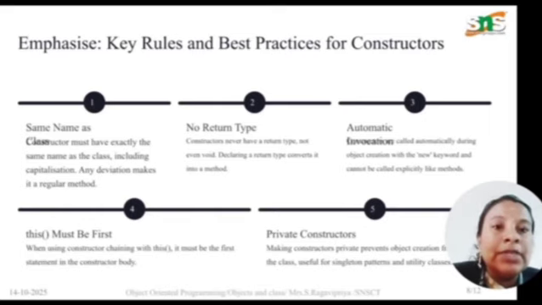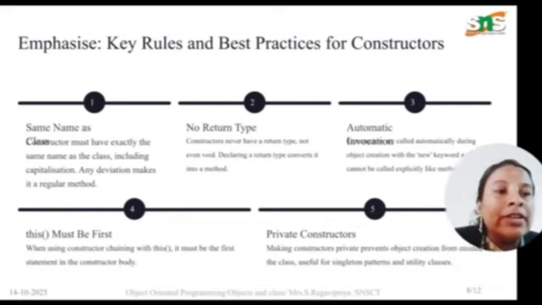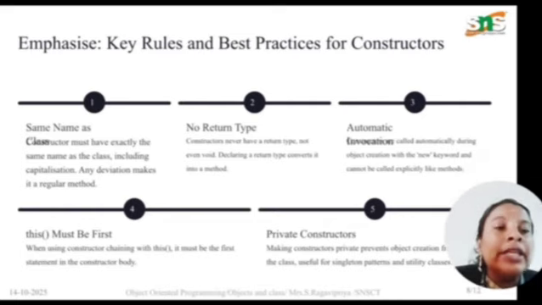This must be first: when using constructor chaining with this, it must be the first statement in the constructor body. Private constructor: making a constructor private prevents object creation from outside the class, useful for singleton patterns and utility classes.